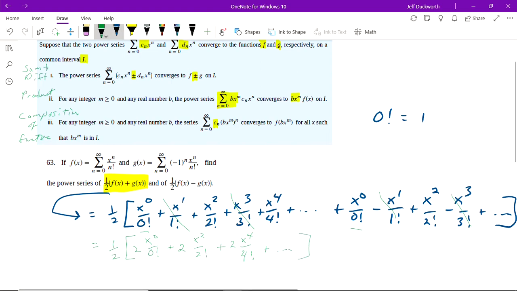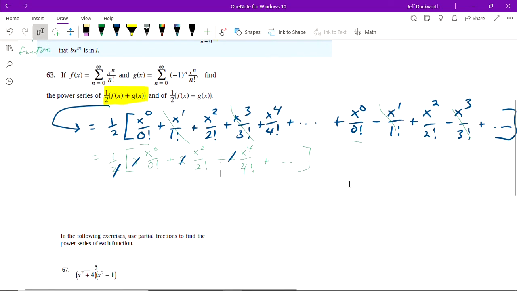And we can simply cancel the 2 with all of these other 2's because there will be a 2 in front of each of them. So ultimately what we're going to have here is going to equal x to the 0 over 0 factorial plus x squared over 2 factorial, x fourth over 4 factorial, and so forth.